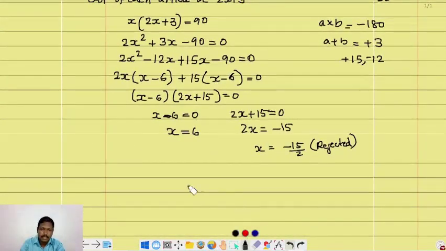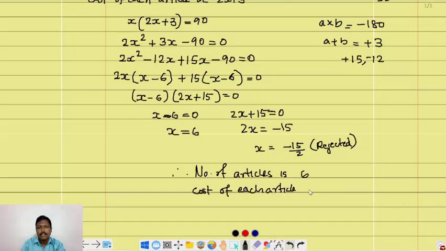Therefore, number of articles is 6, and cost of each article, what was the cost of article? 2x plus 3, that is 2 into 6 plus 3.